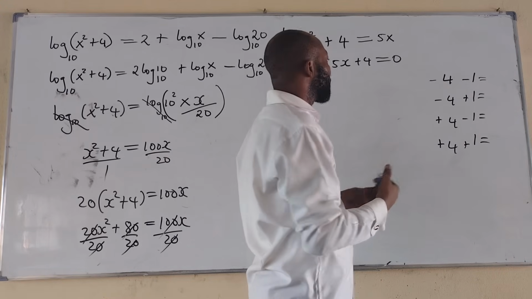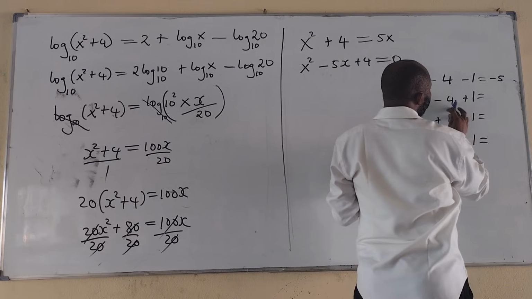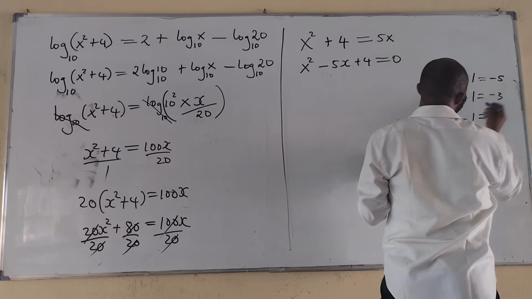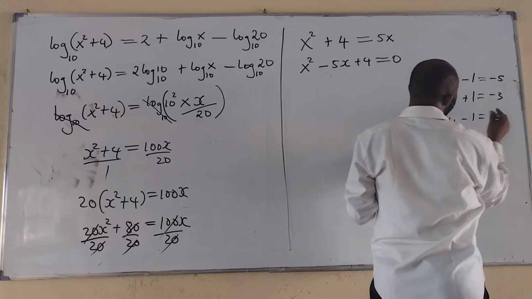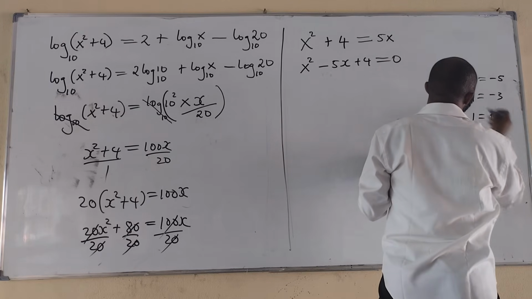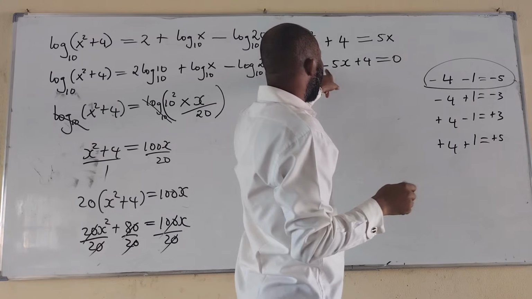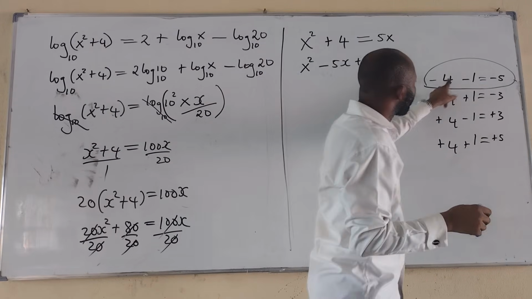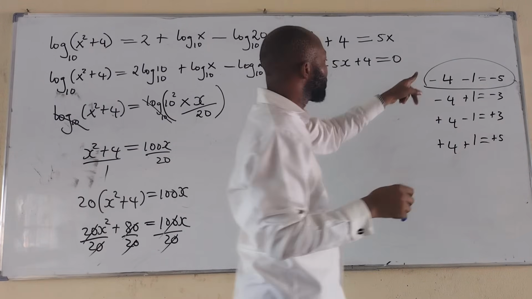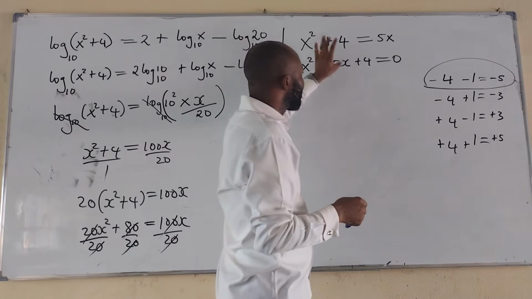Use the basics to get what you want. Minus 1 minus 4 is minus 5. Minus 4 plus 1 is minus 3. Plus 4 minus 1 is plus 3. Plus 1 plus 4 is plus 5. So in all of them, only the first one gives us minus 5 when we add, and when we multiply minus 4 times minus 1, we have plus 4. So those two become our factors. So we use them to replace this.